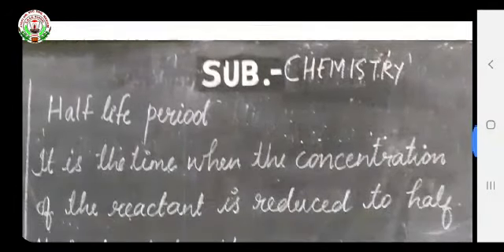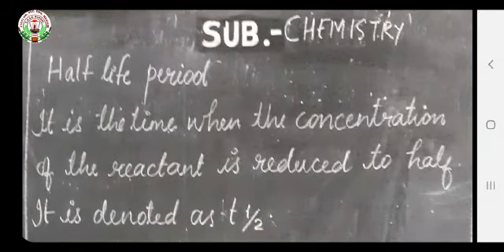Okay. Now here we have one more thing, which is called the half-life period of a reaction. What do we mean by half-life period of a reaction? The half-life period of a reaction is the time when the concentration of the reactant is reduced to half. Whatever the concentration of the reactant we have taken, we take half of it. It is denoted as T half.